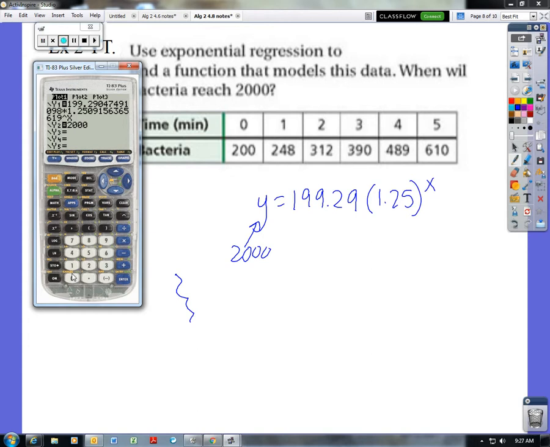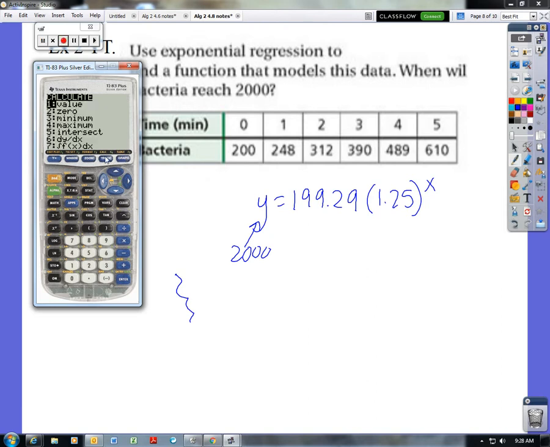And I know if I press graph, I'm not going to see it because I need to fix my window, because my y's were only 700, so I need to get above 2,000. I'm going to do 2,500 because I like plenty of room. Oh, and we also need to make our x's bigger. I'll do 25 and see what we get. Oh yeah, plenty. Then we can do the same old thing.